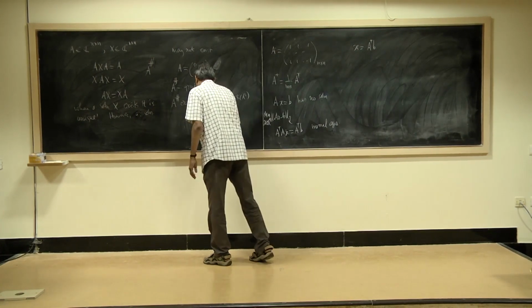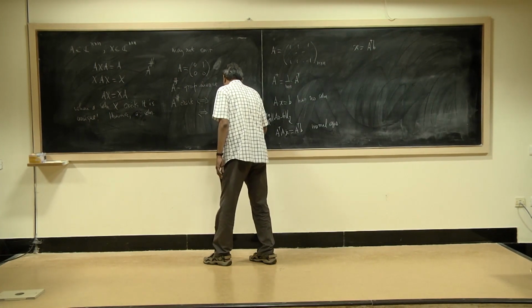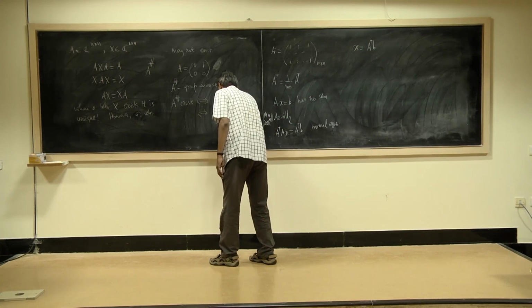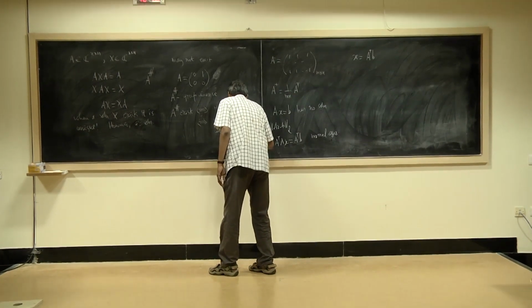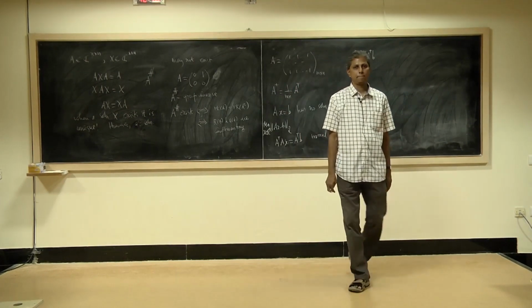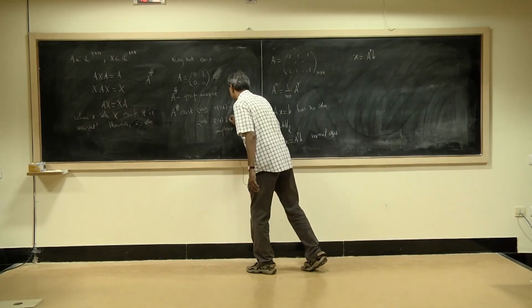It exists if and only if range of A and null space of A are complementary, etc. Okay. Range of A and null space of A are complementary subspaces.